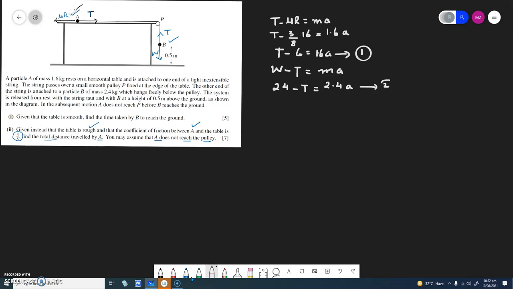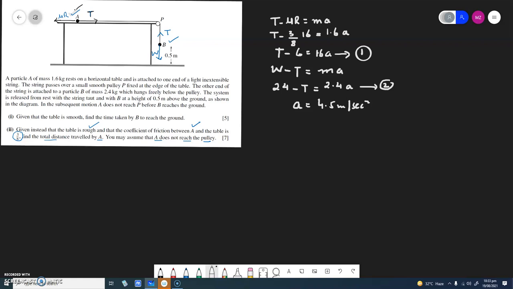So solving these two equations, equation 1 and equation 2, you will get the acceleration of this whole system, and that is equal to 4.5 meters per second square. So this is the acceleration of the whole system, and now we will be finding the velocity with which the particle B hits the ground.